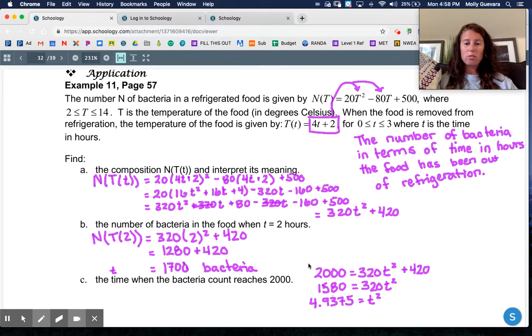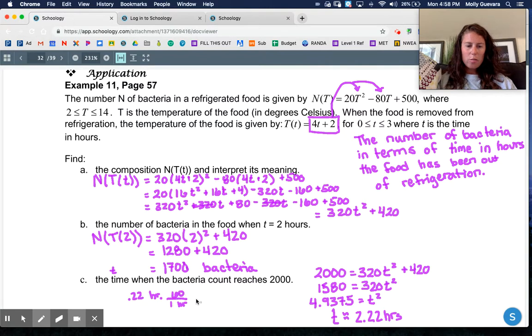You try to use the exact number when you can. So I get t is about 2.22 hours, and I could figure out really how long that is. 0.22 hours, and 1 hour is 60 minutes.